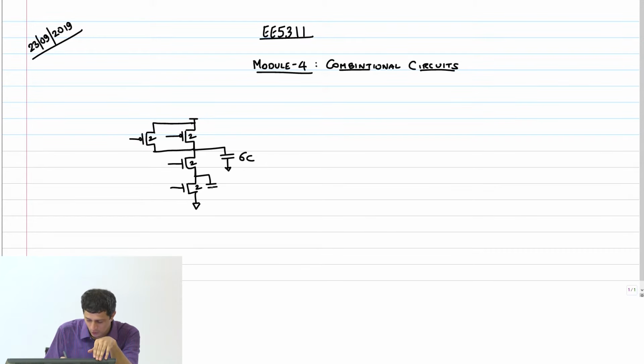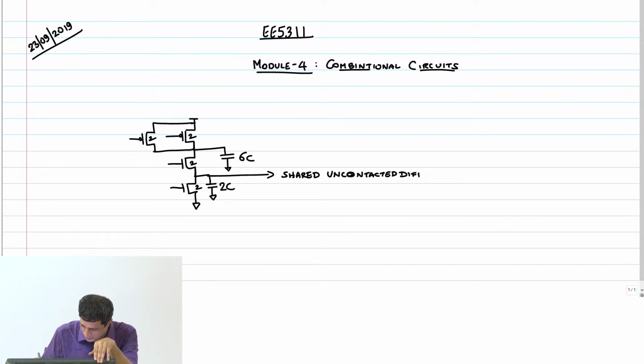The intermediate node would have a capacitance of only 2C as opposed to 4C because this is a shared uncontacted diffusion node, right. So this is a shared uncontacted diffusion.